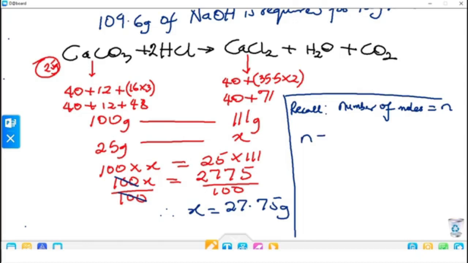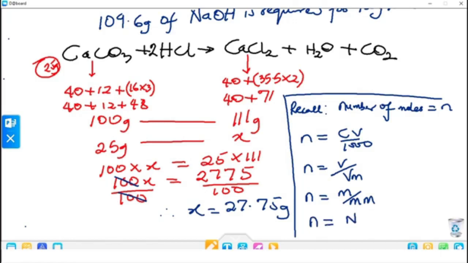We have n is equal to CV over 1000. We have n is equal to V over molar volume. We have number of moles is equal to mass over molar mass. We have number of moles is also equal to number of particles over Avogadro's number.